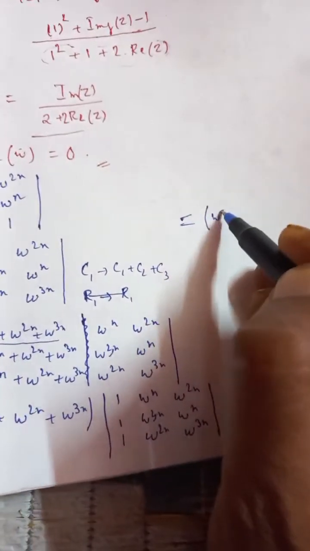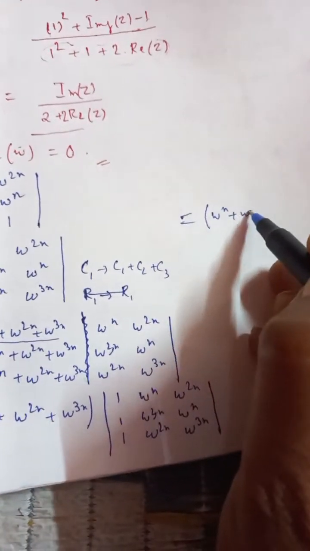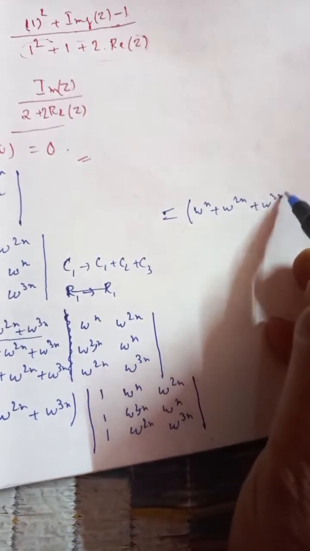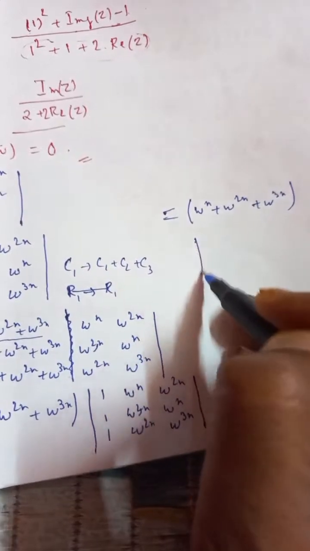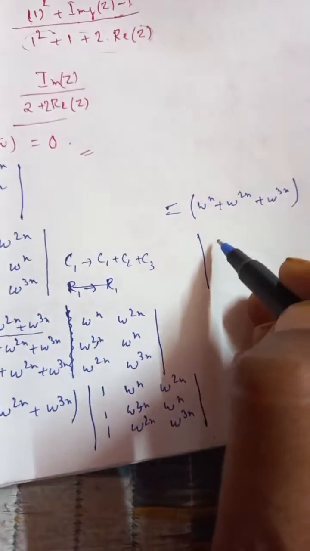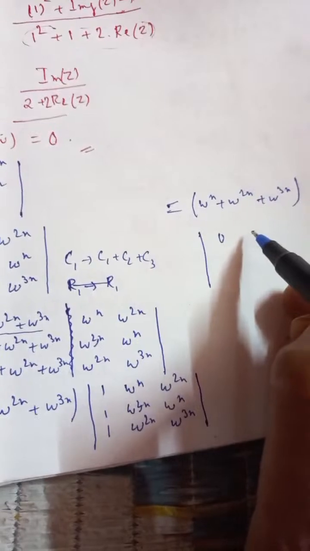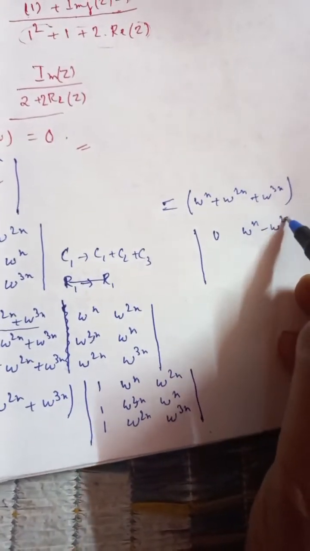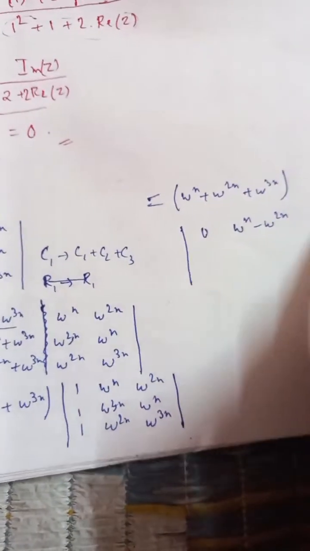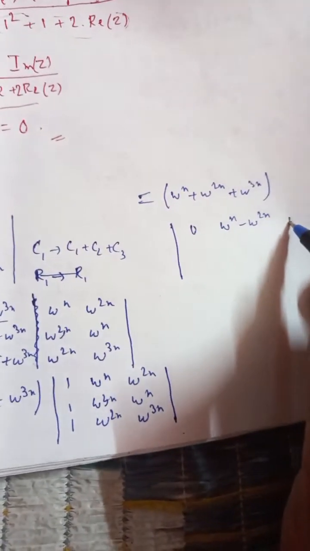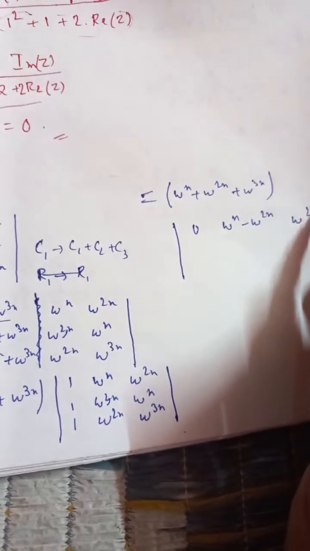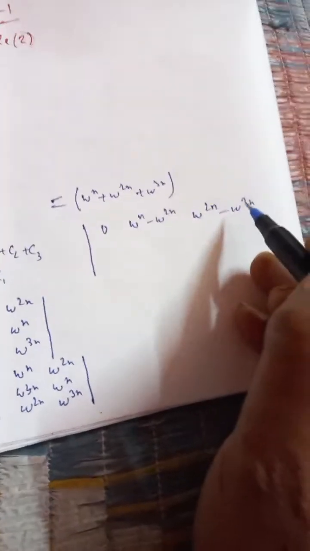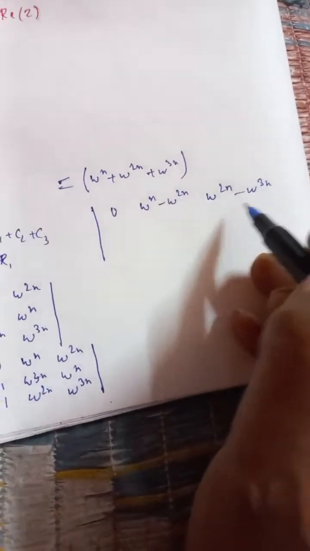So we have omega n plus omega 2 to the power n plus omega 3 to the power n, and the determinant will be 0, omega n minus omega to the power n, omega 2n minus omega to the power 3n in this way.